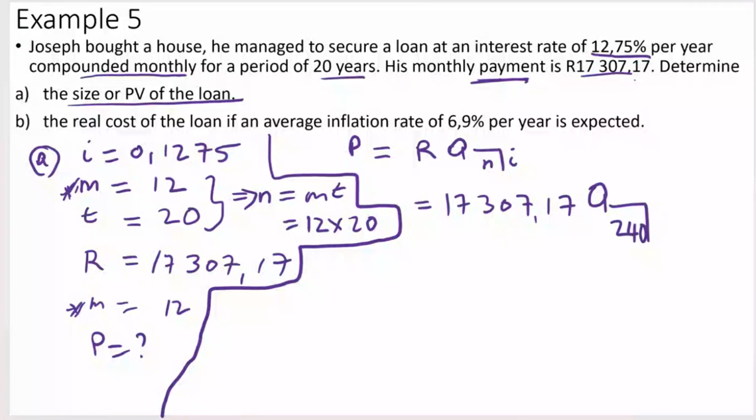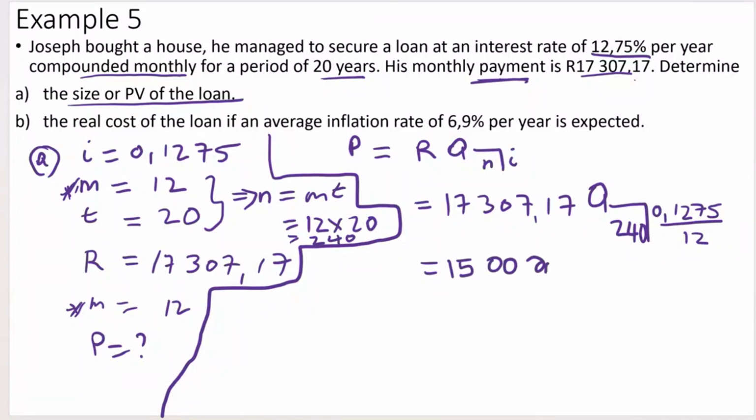This is 240. Our I is 0,1275. Remember, we are going to divide by 12. So the present value of our loan is just equal to 1,5 million.